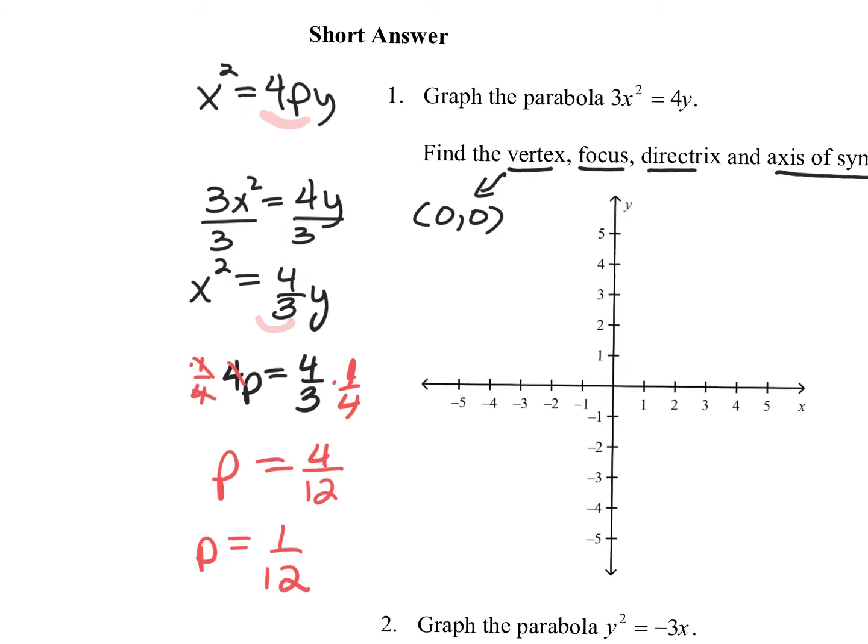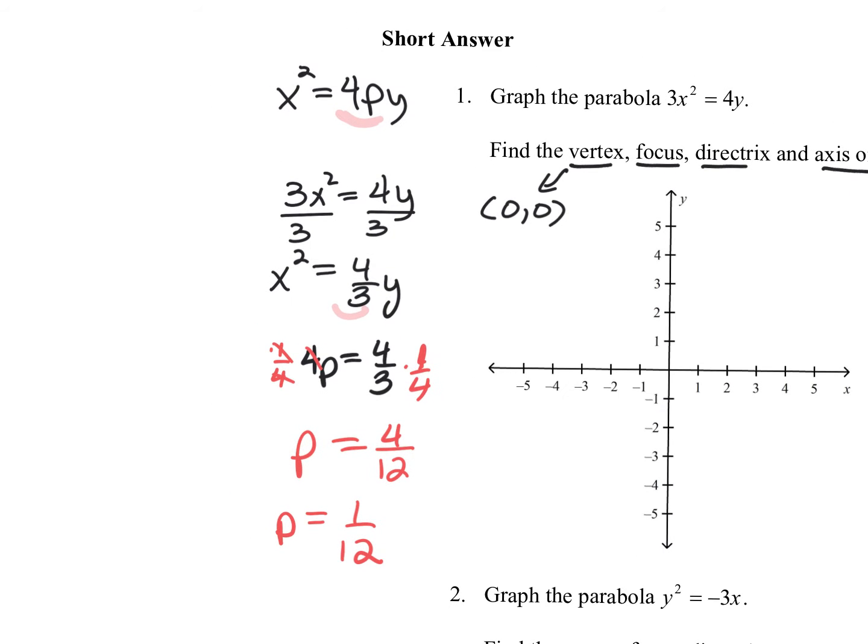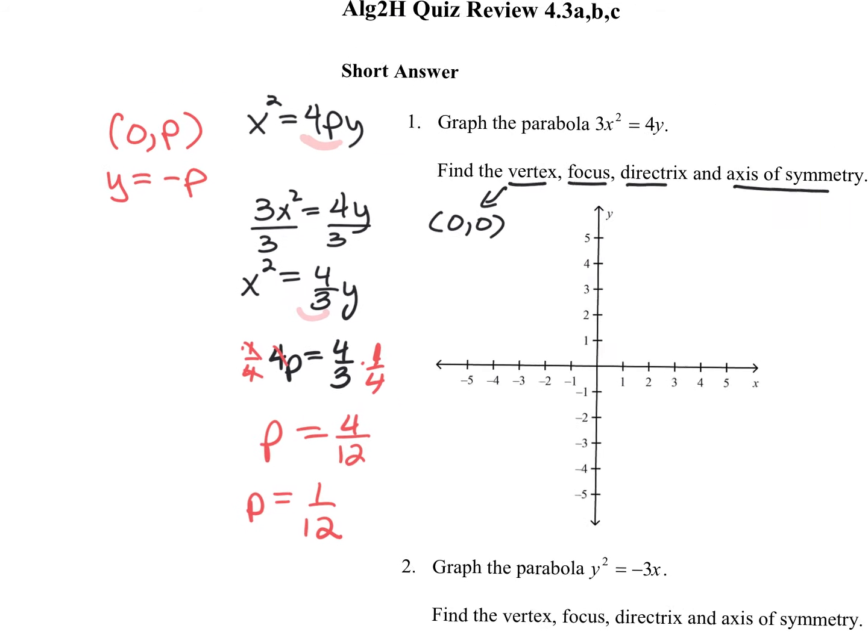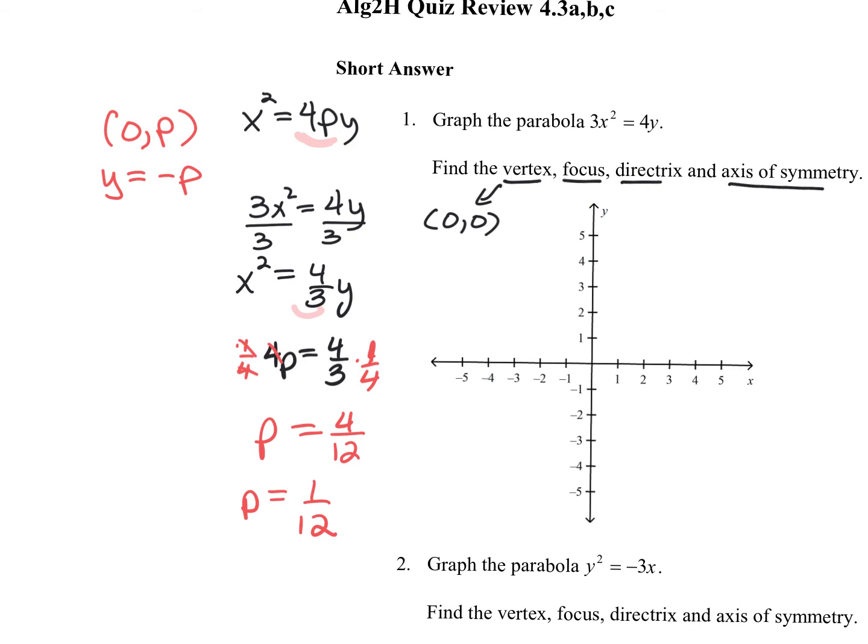Remember, when it's the x squared graph and the vertex is at 0, 0, your focus is just going to be 0, p. And the directrix is going to be y equals the opposite of p. So let me go ahead and graph all these pieces in here.